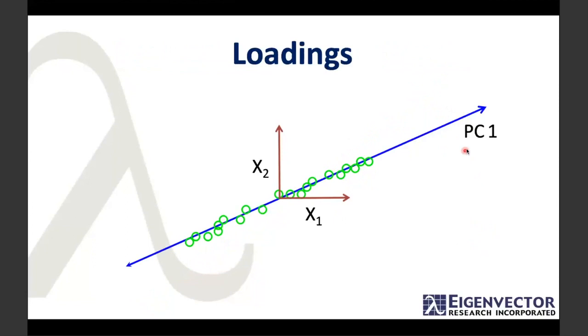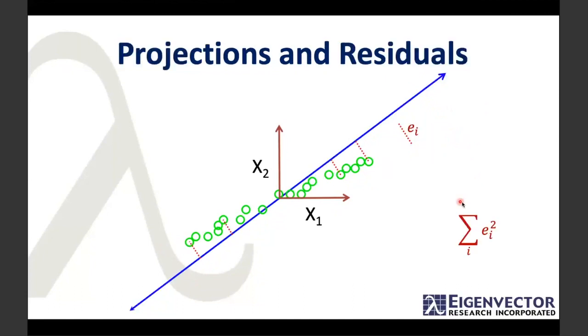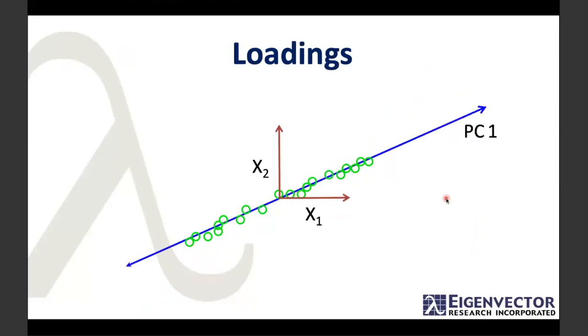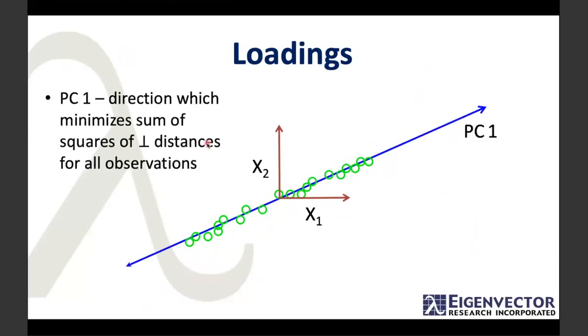PC1, principal component number 1, is the line that minimizes this metric. It is the line which minimizes the sum of squares of the perpendicular or orthogonal distances for all of the observations to that line. Another property that PC1 has is it captures the most variance in my data.